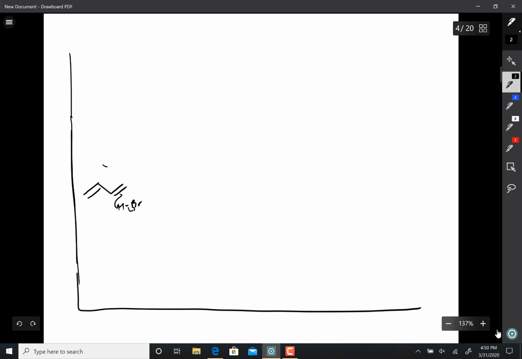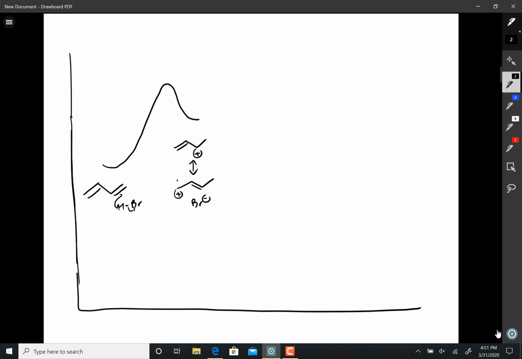So the alkene would go here, have that activation barrier to get to the carbocation. Now here is where they start to differ.